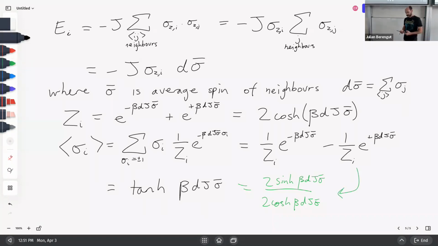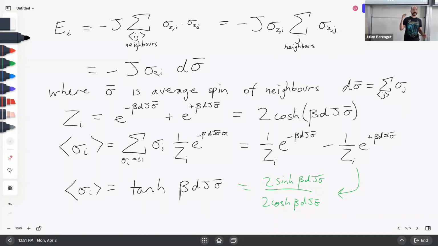So I've got an expectation value for the ith spin in terms of beta, the inverse temperature, D, the number of sites that are nearest neighbors, J, this energy scale, and sigma bar, the average of all the other spins that are nearest neighbors.